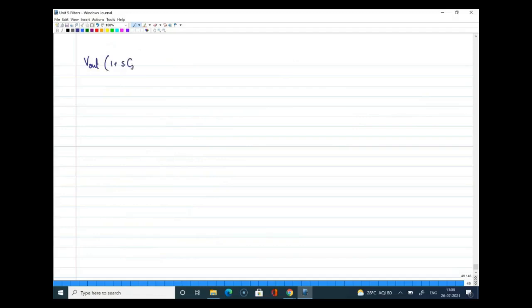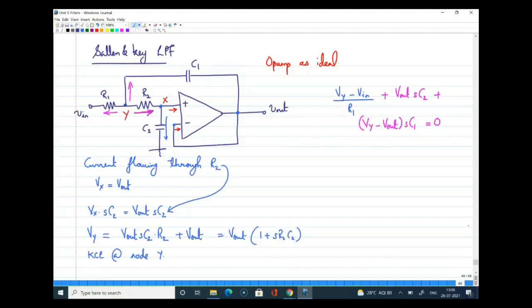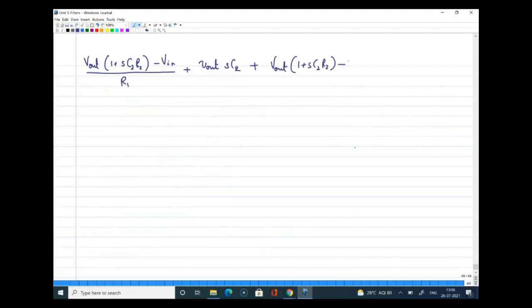V out into 1 plus SC2R2 minus V in divided by R1, plus V out into S into C2, plus again Vy, which is V out into 1 plus SC2R2, minus V out, and this whole thing into S into C1 is equal to 0. Right. Is this clear? Can I get some response in the chat?